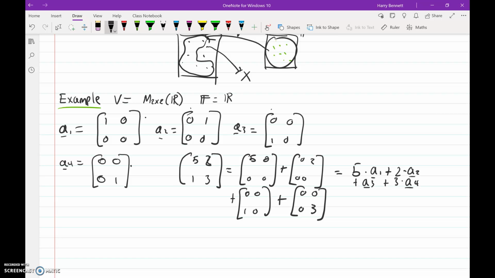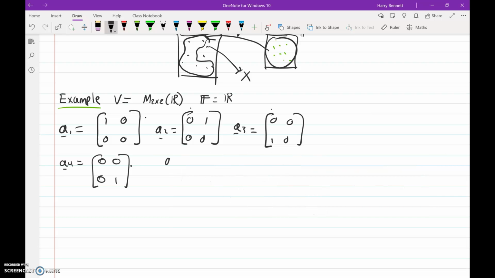So if I take A1 up to A4, and then I take another vector, A5, V is also equal to the span of A1, A2, A3, A4, A5. However, A1 up to A4 is a minimal spanning set, but it doesn't mean it's the only spanning set. There are an infinite number of spanning sets.